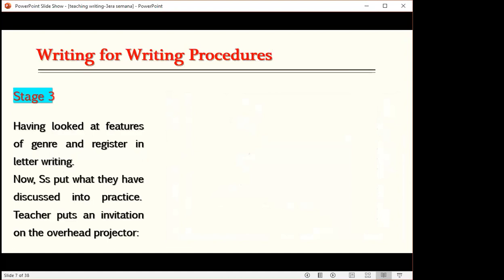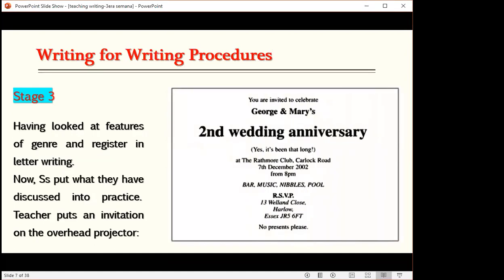Now, students put what they have discussed into practice. Teacher puts an invitation on the overhead projector. Notice, this is an example. So now they are going to apply what they have analyzed before, what they have recognized before. Now they are going to put it into practice.